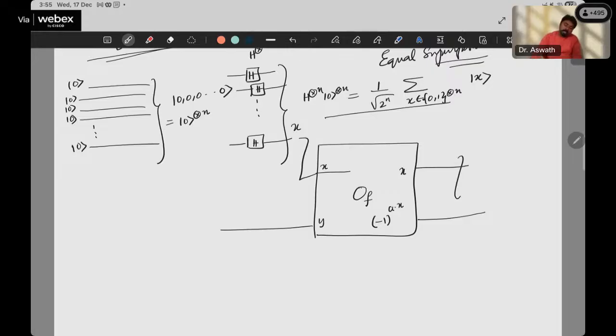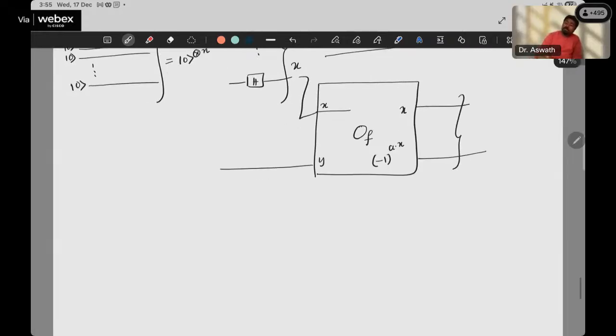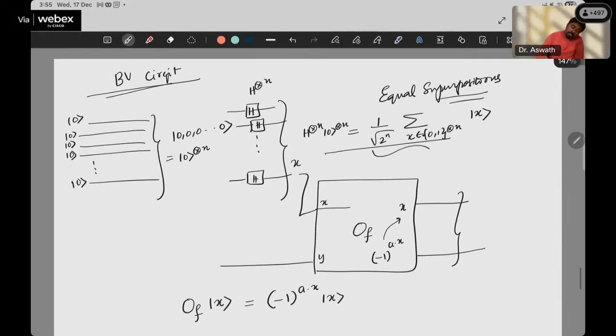So here what I'll have is the oracle function getting multiplied to the query part. Instead of having an effect on the target, it will also act on the query. So the query gets multiplied by (-1) to the power of a dot x. That is what we will see. In our case right now, we have an equal superposition.